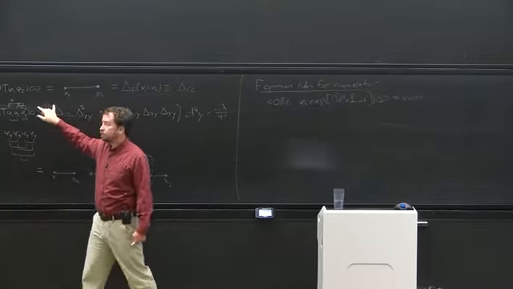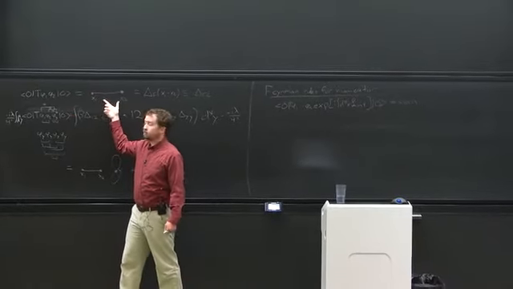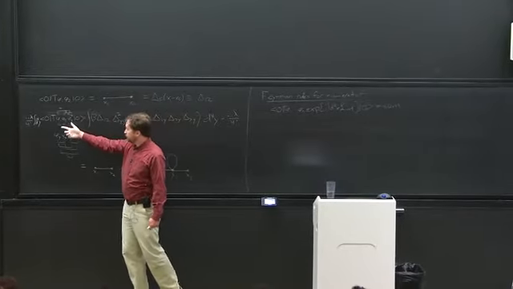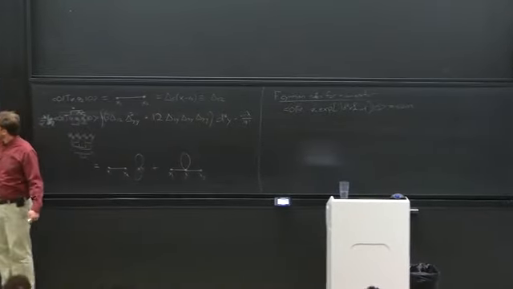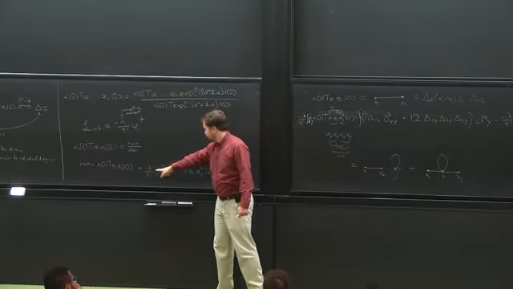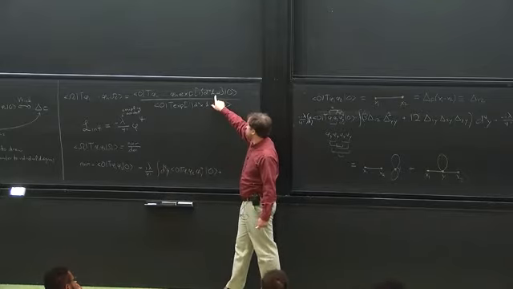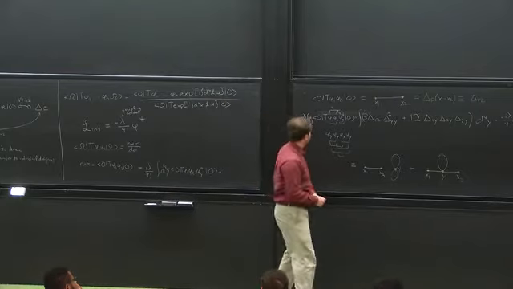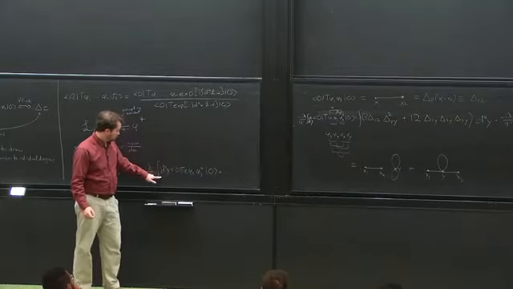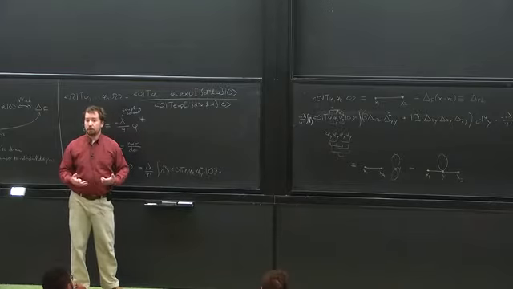We have 2 fields here, 2 external points. If I added more fields here, I'd also have more points at leading order. I'm going to go to next to leading order and expand the exponential. I get a factor of lambda, and I also get an interaction Lagrangian and an integral dy. So I get one extra point that's in the interior of the diagram.